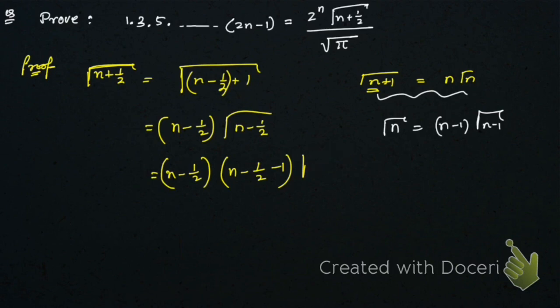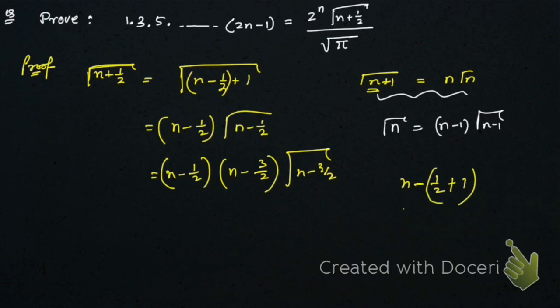So simply we can write n minus 3 by 2 into gamma of n minus 3 by 2, because here you see n minus half minus 1. So if you take this minus sign common, this is going to be plus, then n minus 2 will be LCM, 1 plus 2 by 2, that's going to be 3 by 2, right?